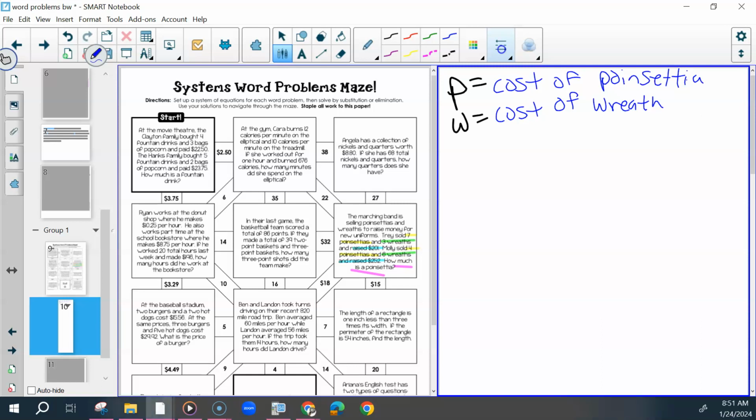Right, and then we need to set up our 2 equations. What would that look like? 7p plus 3w equals 201. And the other one? 4p plus 6w equals 252.